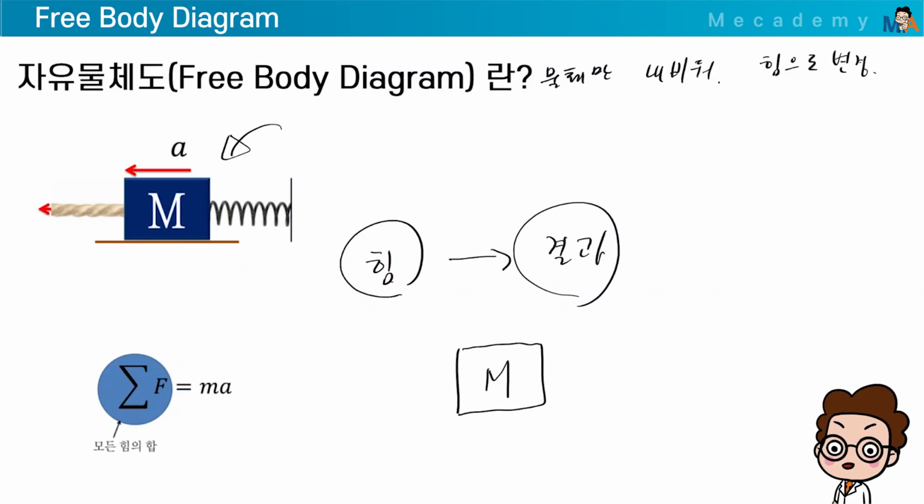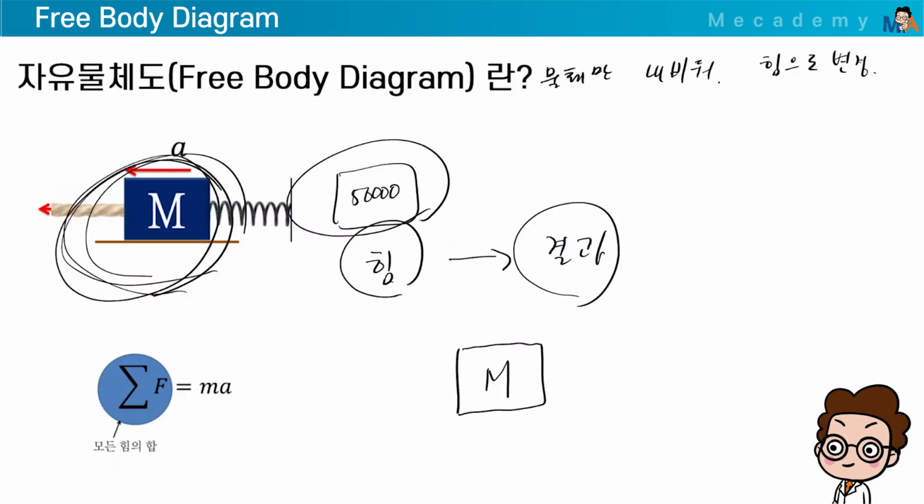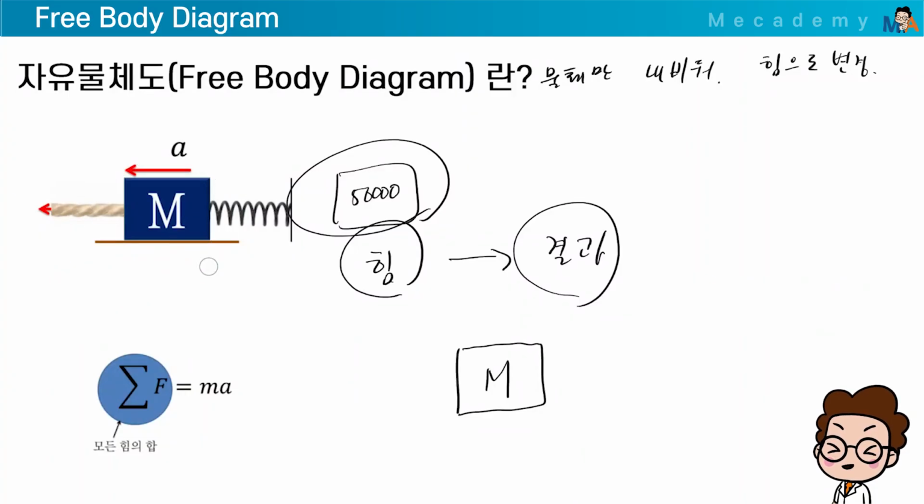Does it become a force? That's the point. If you leave money here and then give 50,001 here, it doesn't matter when drawing the free body diagram. Because this money is meaningless, it doesn't become a force. This 50,001 cannot be converted into a force for it. So, in a free body diagram, no matter what picture is next to it, you just leave the object like this, and change the rest to forces.